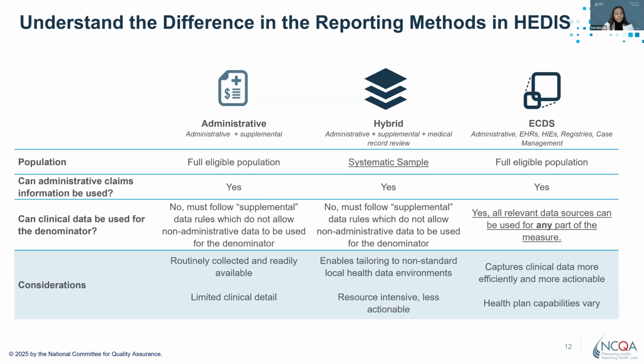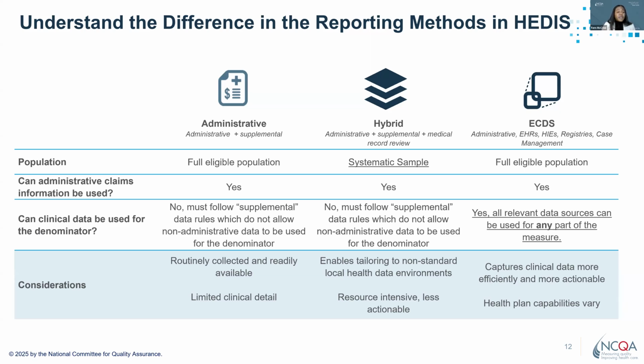Next, another difference we want to point out is where clinical data can be used in the measure. So this is a difference. For traditional methods, administrative and hybrid methods, plans use administrative data, and they could supplement their numerator and their required exclusion information from other non-administrative sources.